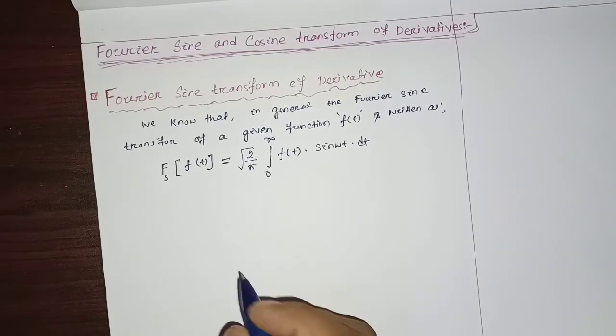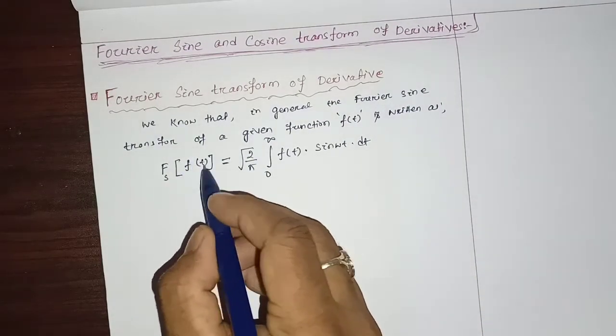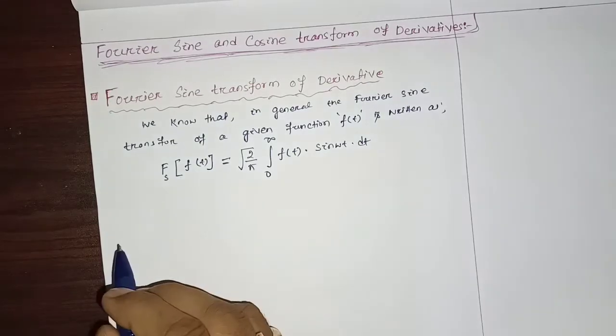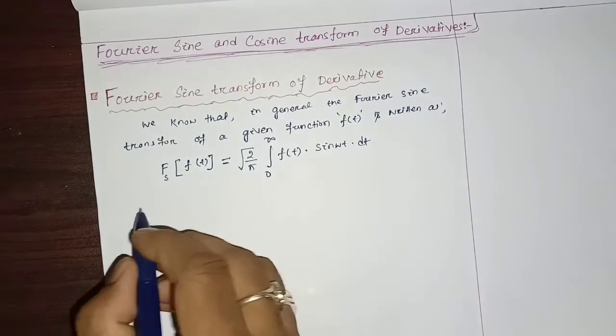now we are going to consider the first derivative of this function and we are going to apply the Fourier sine transform over that. Then what are we going to write?